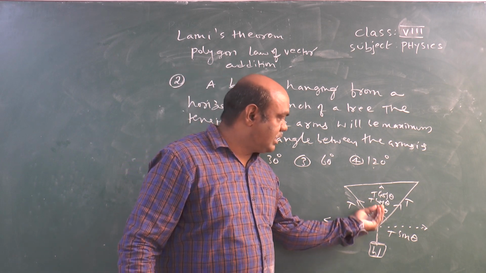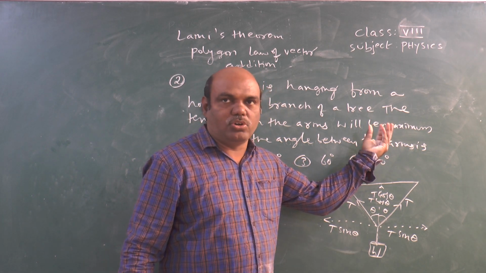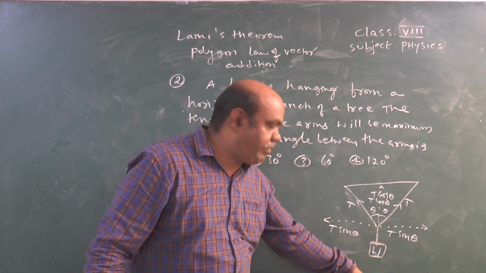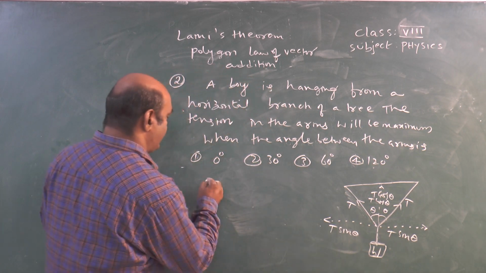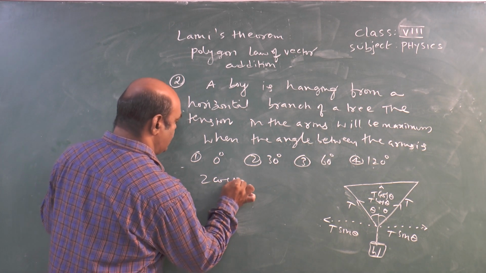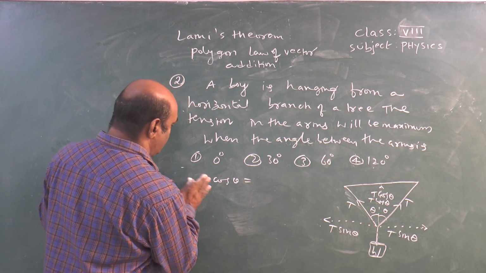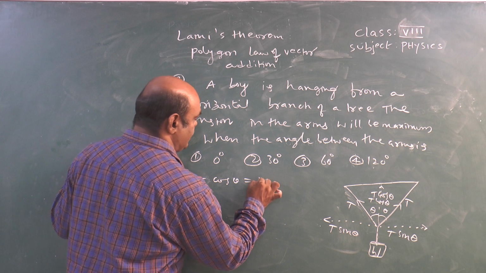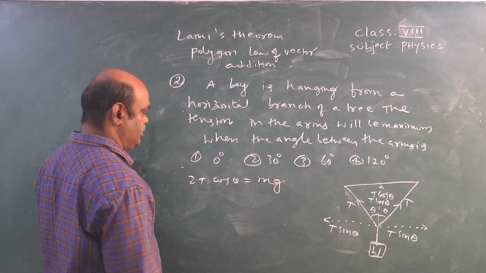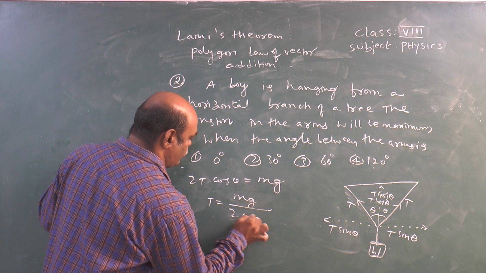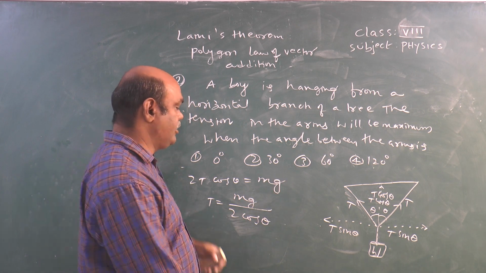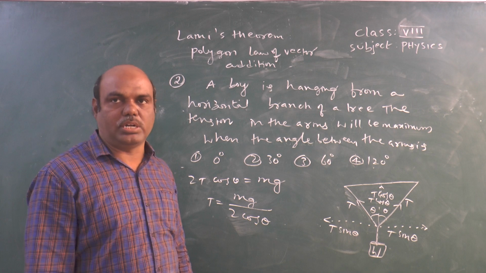Two T cos thetas are acting vertically upwards, but the weight of the body is acting vertically downwards. So 2T cos theta is equal to mg. So T equals mg by 2 cos theta.